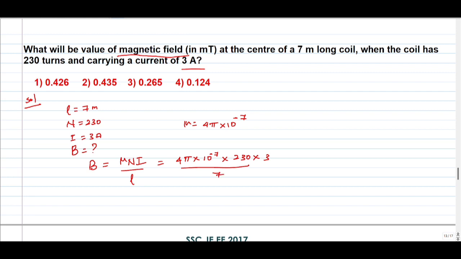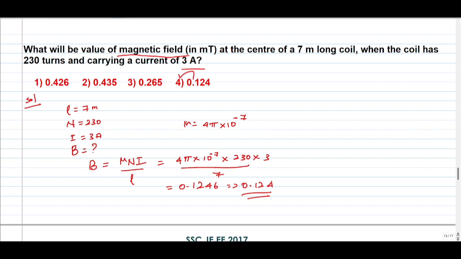Okay, if we solve this, 4 into 3.04, we will get 0.1246, which is nothing but 0.124. Okay, this is the answer. So the answer is option 4, 0.124. This is the answer for the magnetic field.